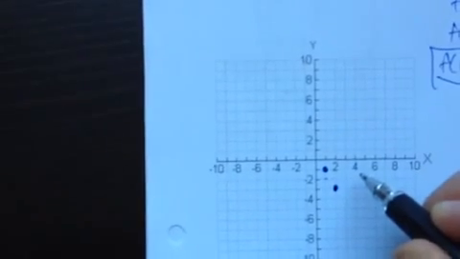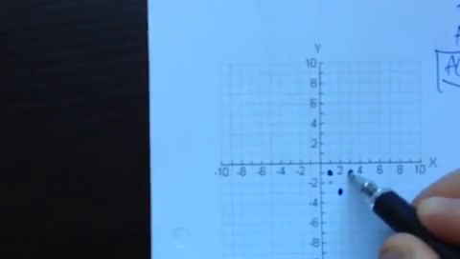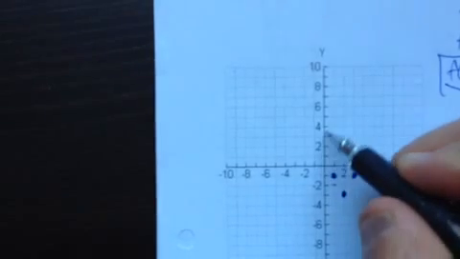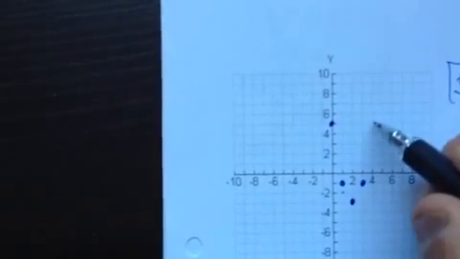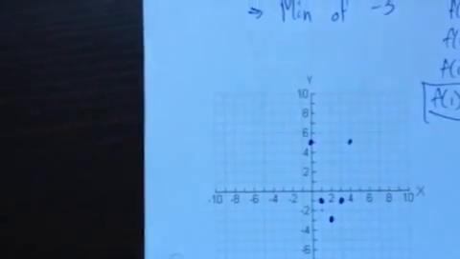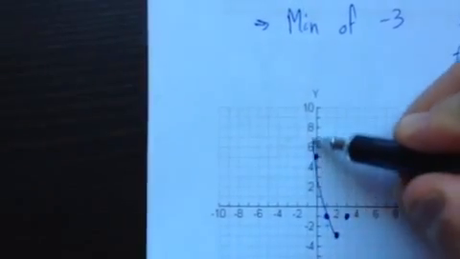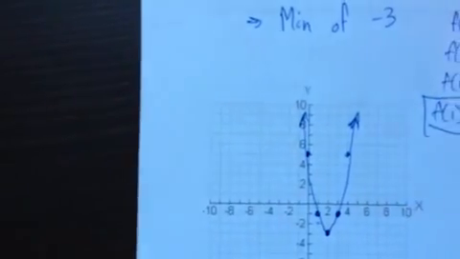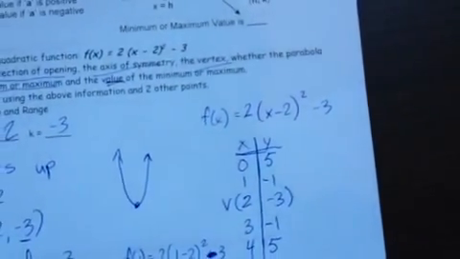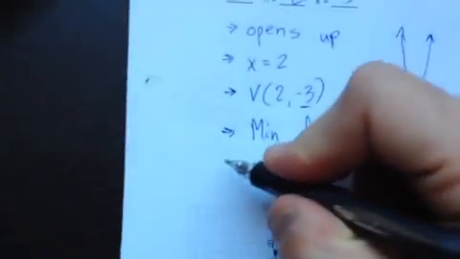I also have (3, negative 1), I have (0, 5), and I also have (4, 5), which is right there. And of course, if I graph this, this is my function f of x equals 2 times (x minus 2) squared minus 3. And next, coming up with the domain and the range of this thing.